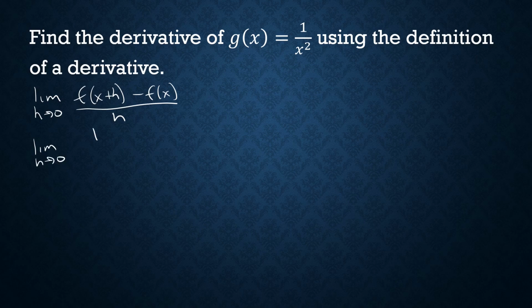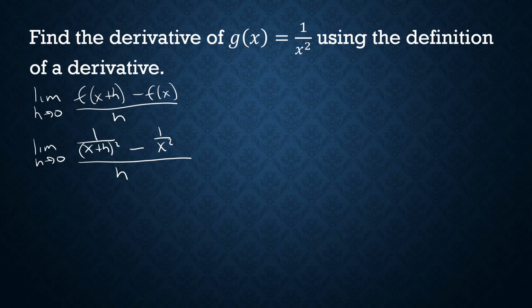That's going to give me 1 over (x plus h) squared minus 1 over x squared, over h. So I have this fraction on top. In order to subtract fractions, I need to have a common denominator.